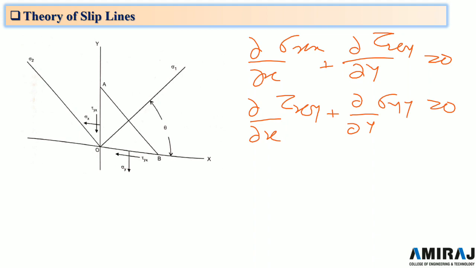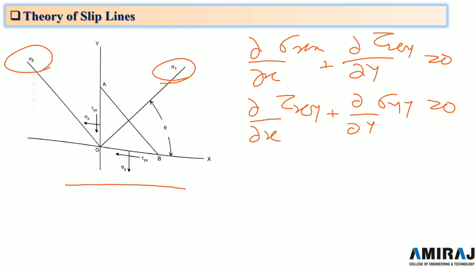For two-dimensional cases, as in the figure, the stresses sigma xx, tau xy and sigma yy may be written in terms of principal stresses sigma 1 and sigma 2.